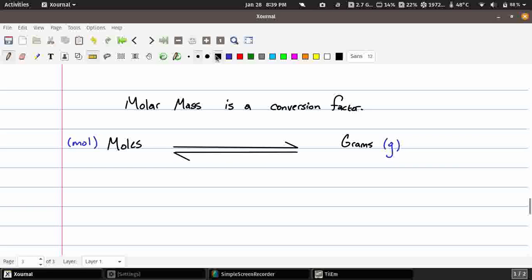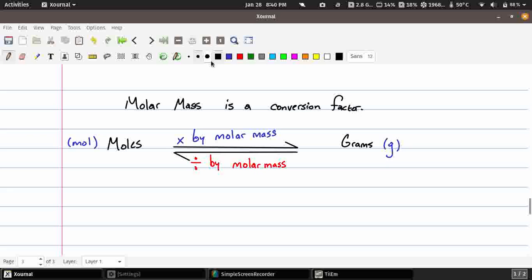All right. So if you're going from moles to grams, you're going to multiply by molar mass. If you're going from grams to moles, you're going to divide by molar mass.